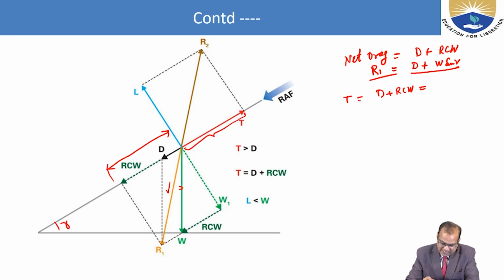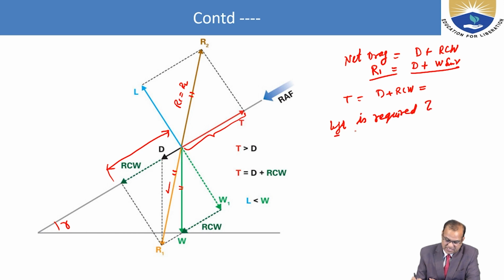If you extend this same amount, R1 is equal to R2. So if you draw the parallelogram, you will get the lift. How much lift is required for this? You can find this out using the parallelogram.